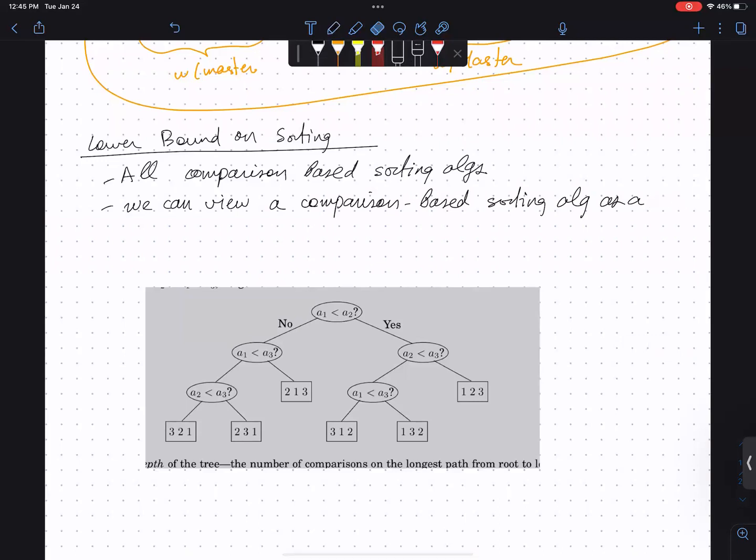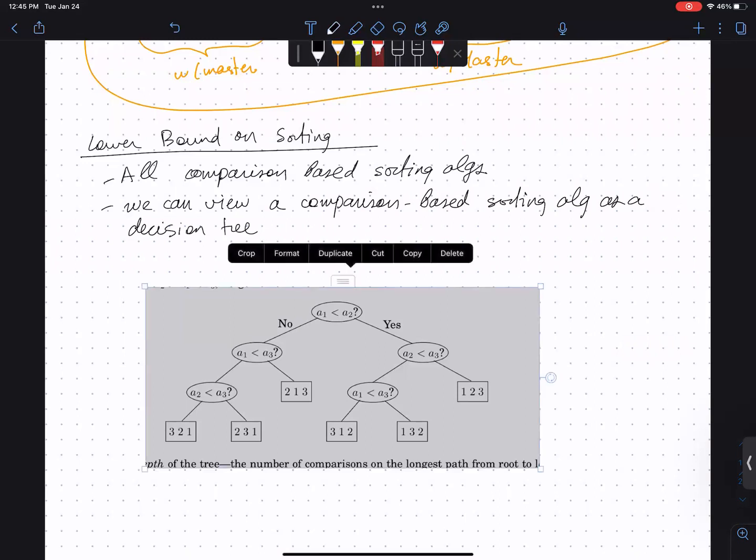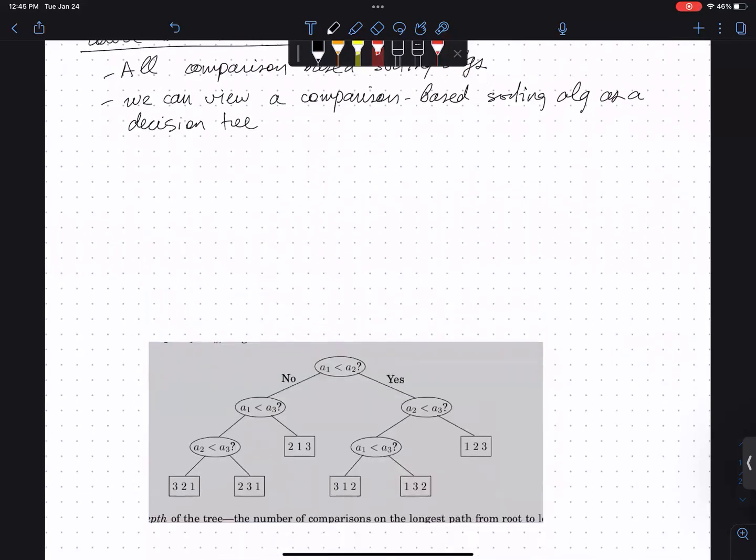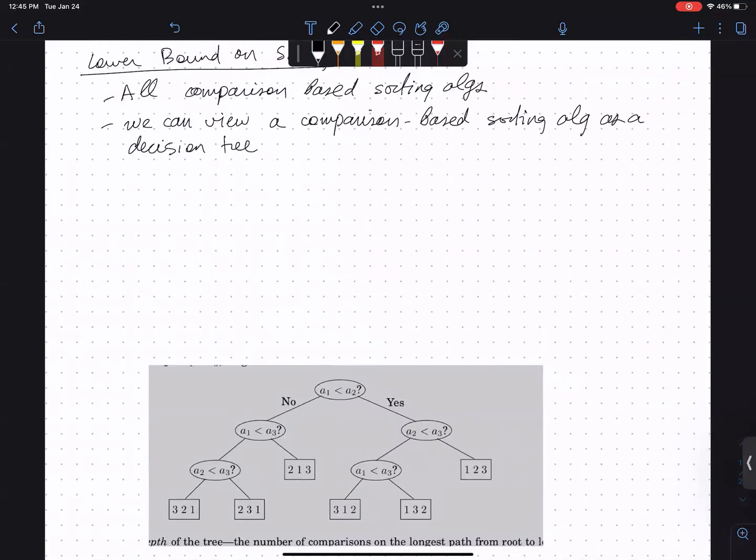What do I mean there? Consider an algorithm that sorts three elements, A1, A2, A3. An algorithm could look like this tree.